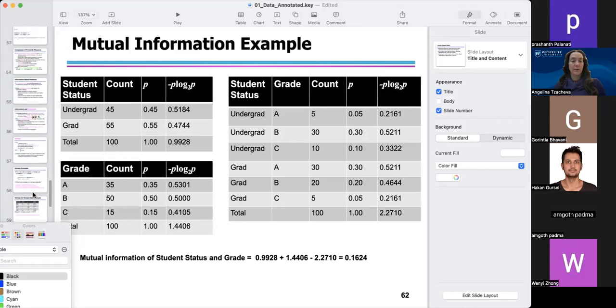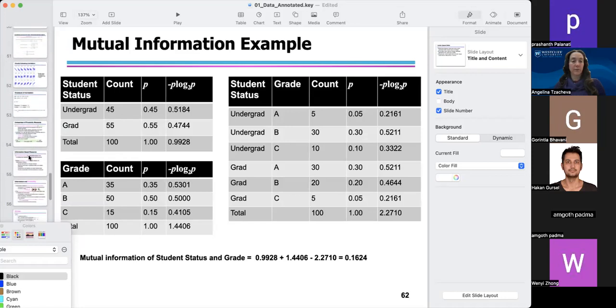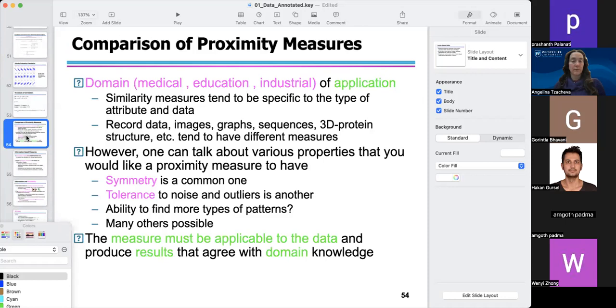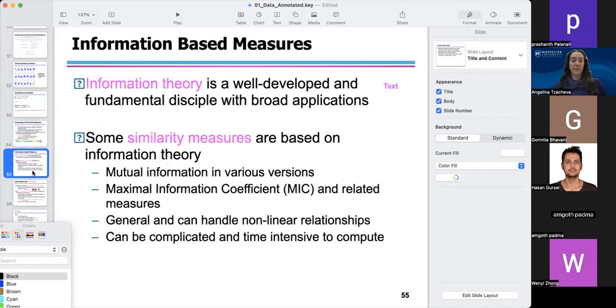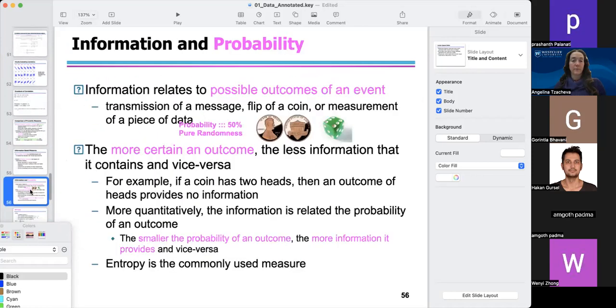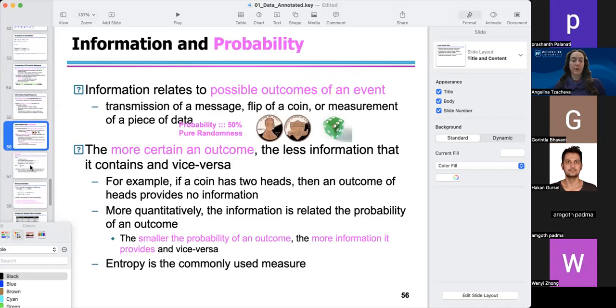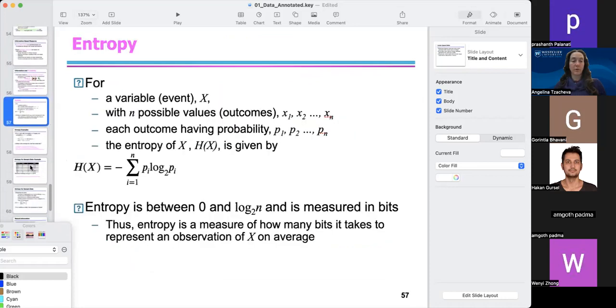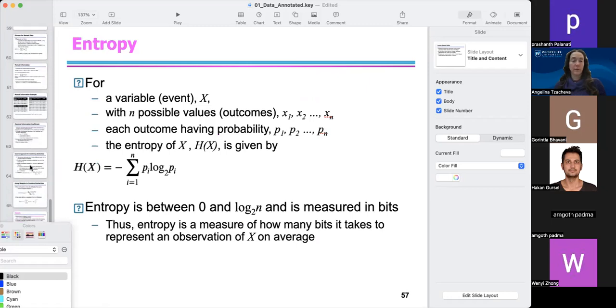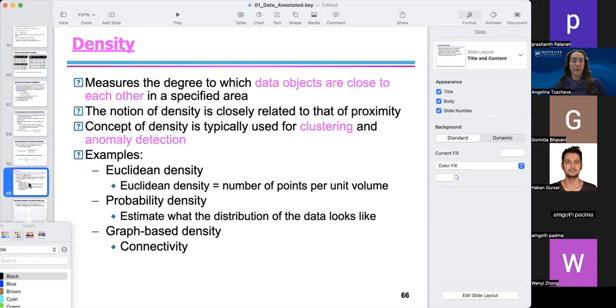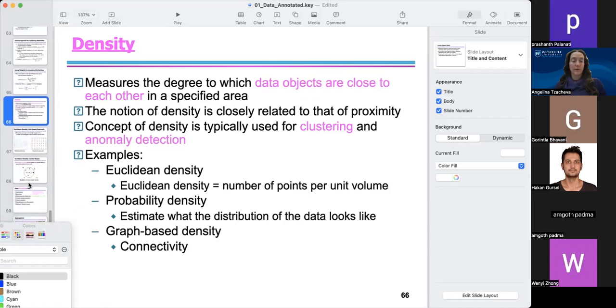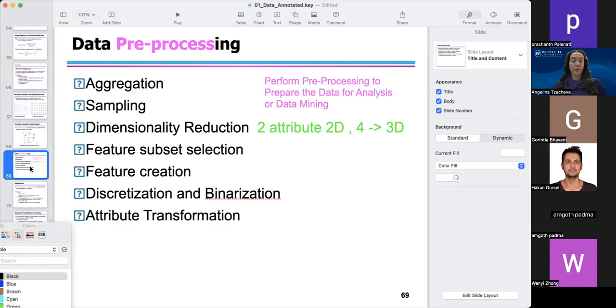Am I trying to determine whether I wish to give a loan to this customer? So whatever our domain is and our goal is, we need to look at those attributes and determine the ones that are the most important in order to answer our question.